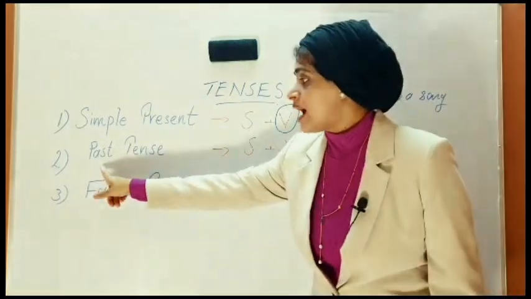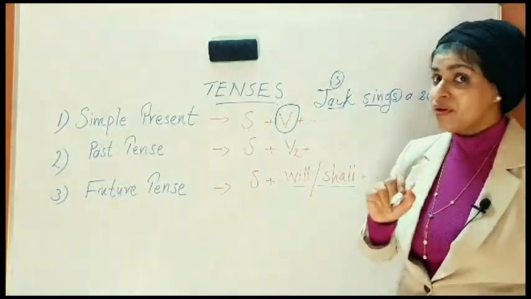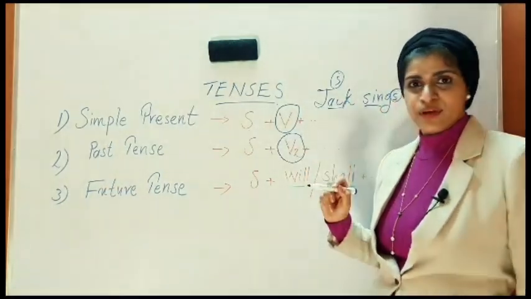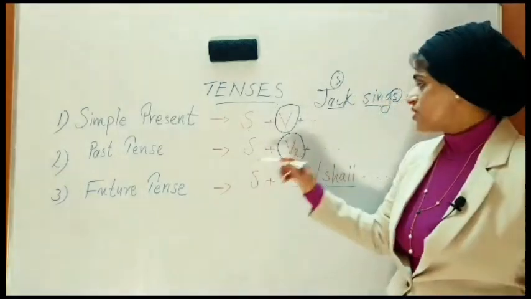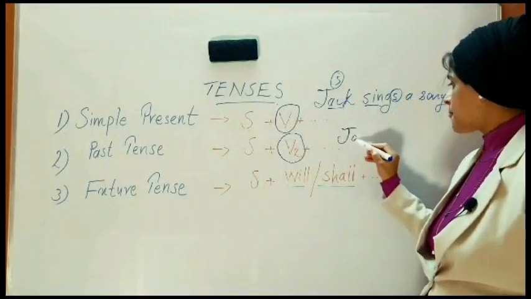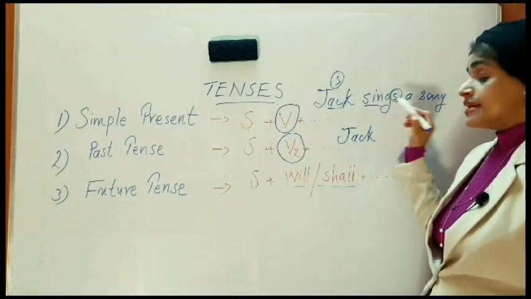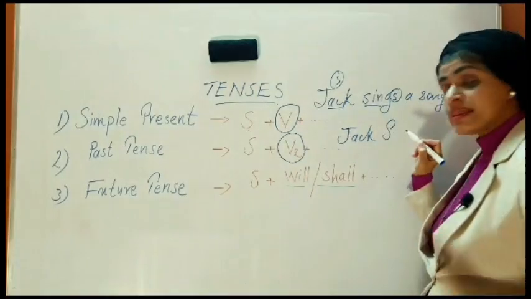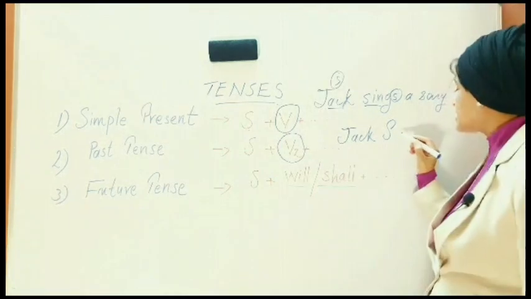And now past tense. So as I said, you remember, now we will use the second form of the verb because the action was already done, right? So here again, Jack sings, and then here Jack sing. The past tense of sing is sang.